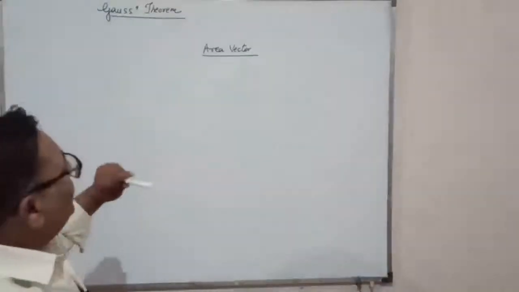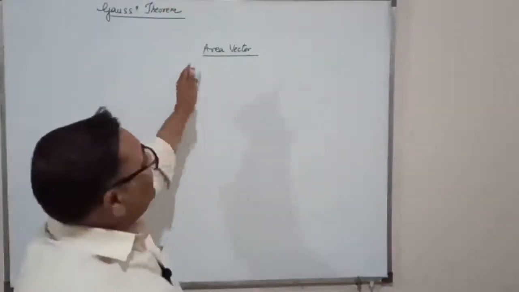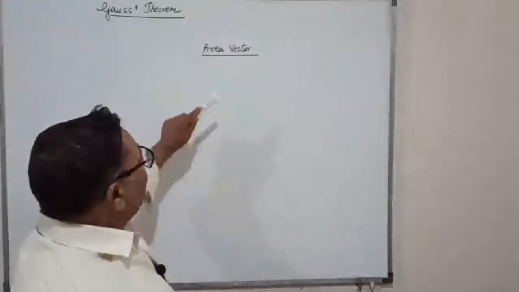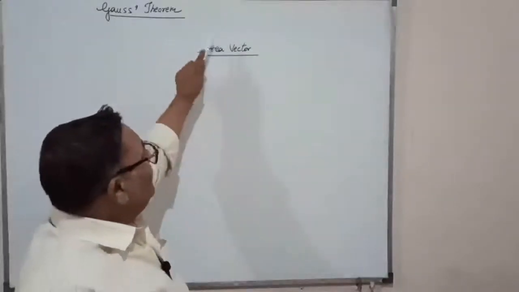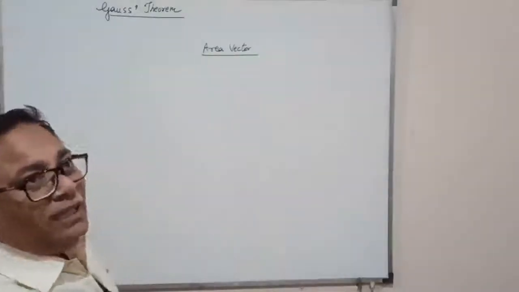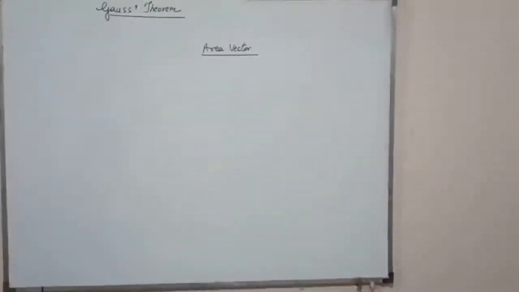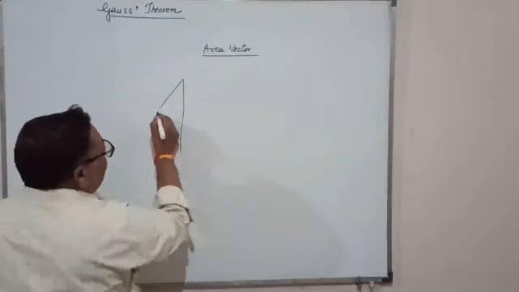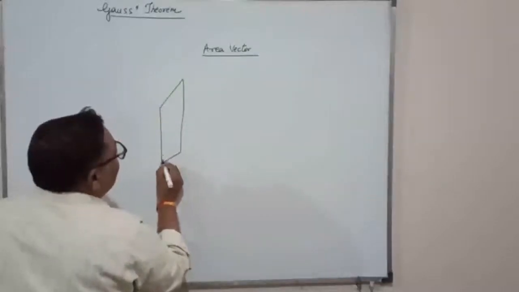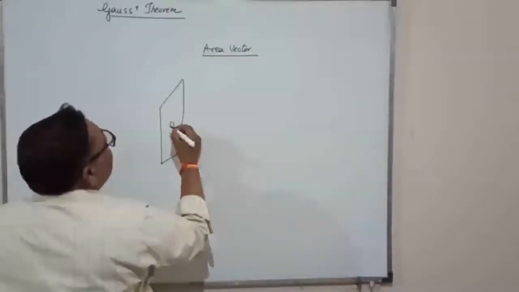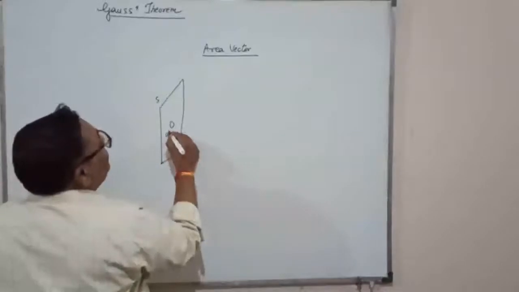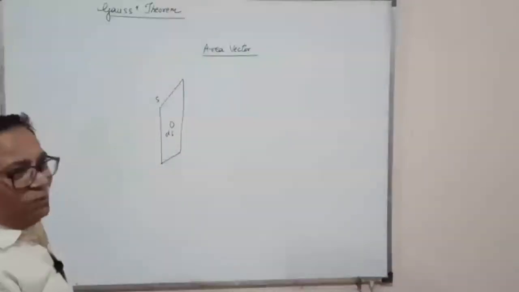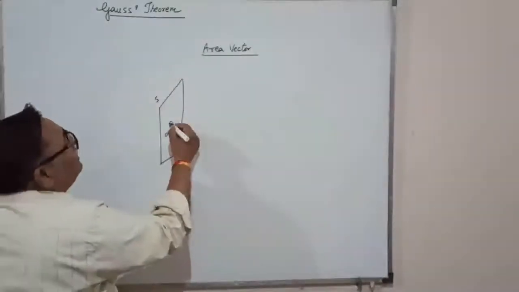The area vector means the vector which is perpendicular to the area, having a magnitude equal to the numerical value of the area. For example, let S be the surface and ds the small area.